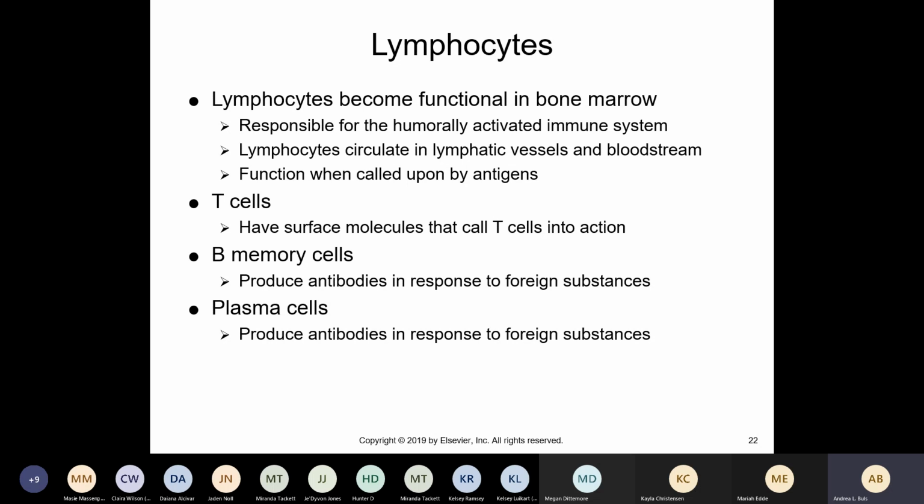And that's how we produce these antibodies that will be able to stand up and say, hey, I've seen you before. You're not welcome here. And our body can fight it. Plasma cells produce antibodies in response to foreign substances as well. So that's the plasma therapy that you hear them talking about. I think President Trump actually received some of that plasma therapy.